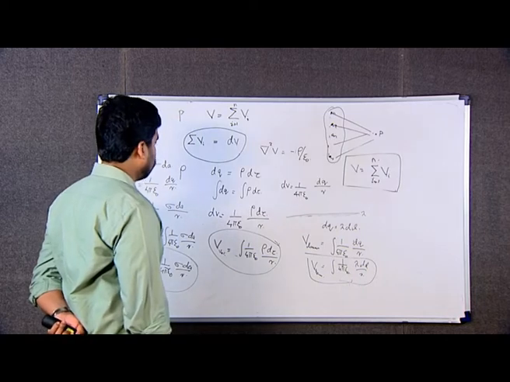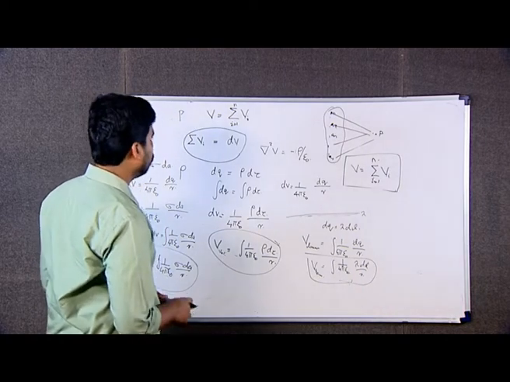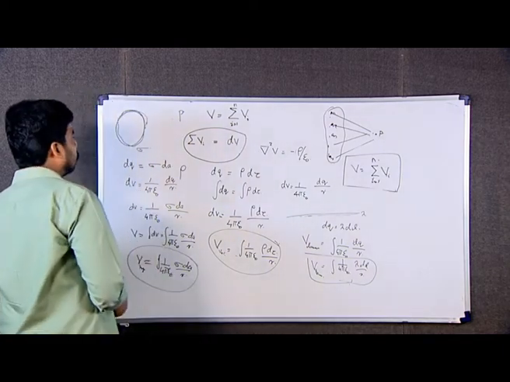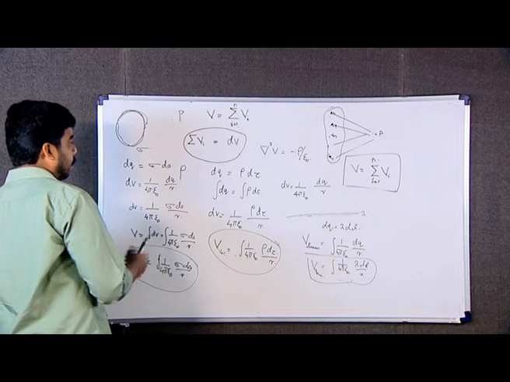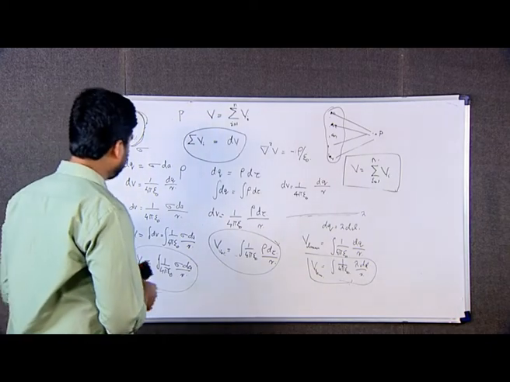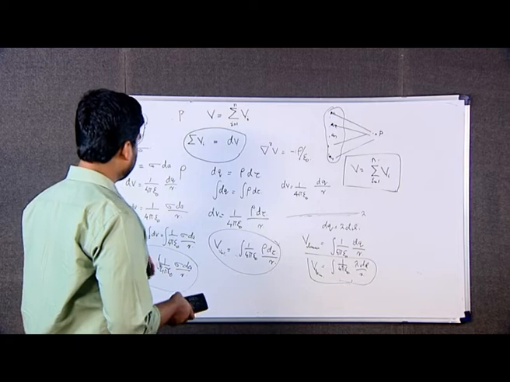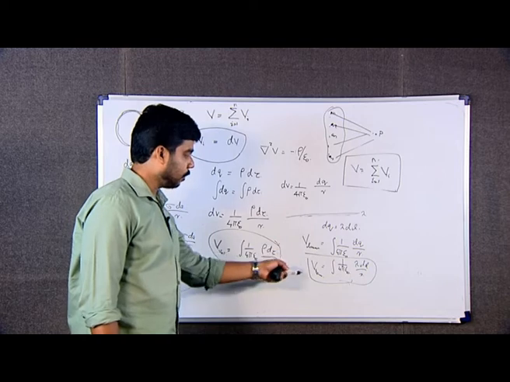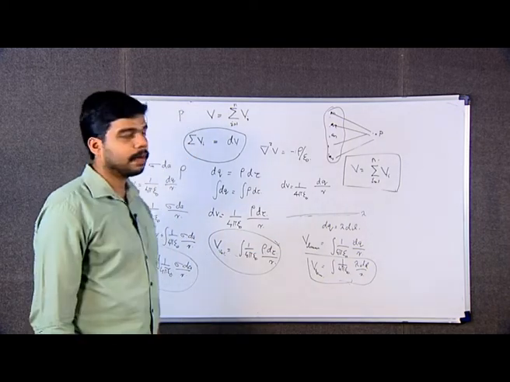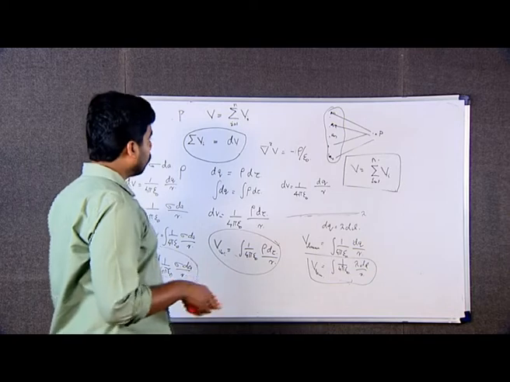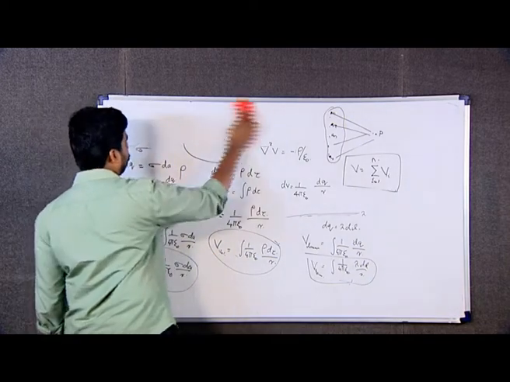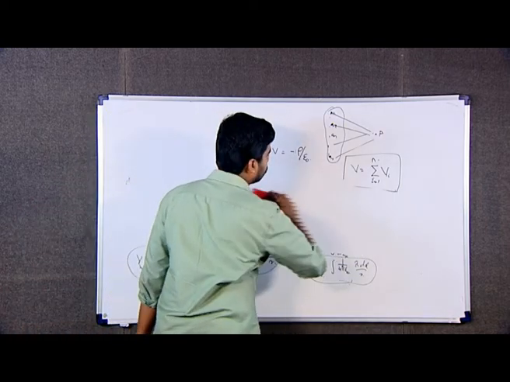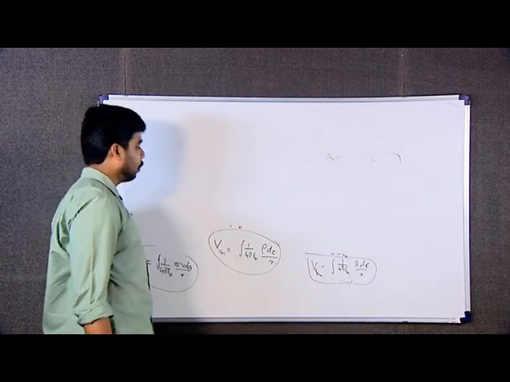And in the same way, we have derived the situation for the volume charge distribution. In the first lecture, we also derived the electric field for the volume charge, linear charge, and surface charge.